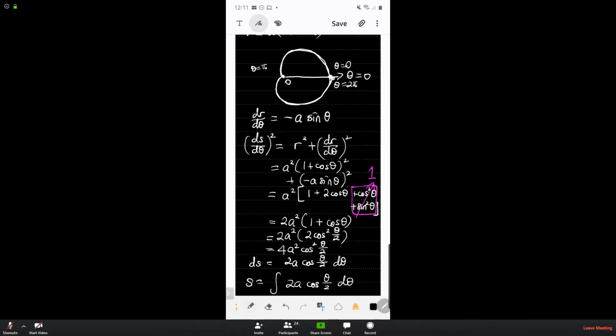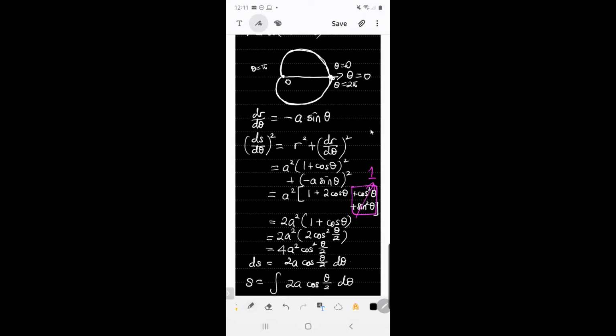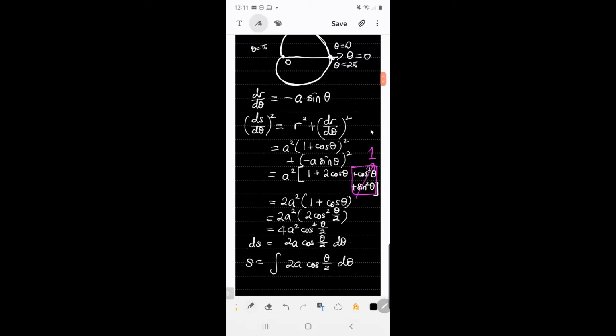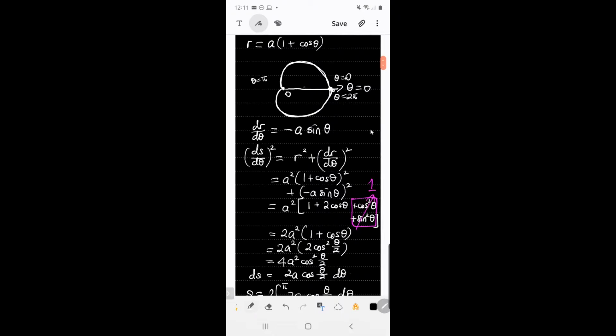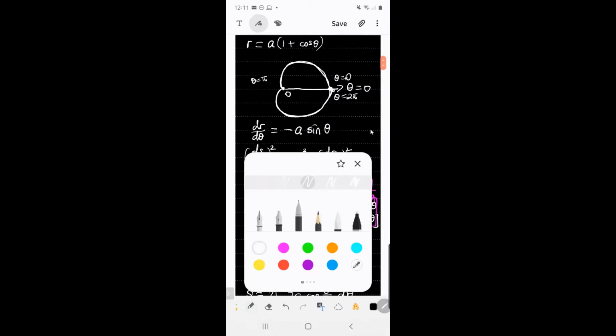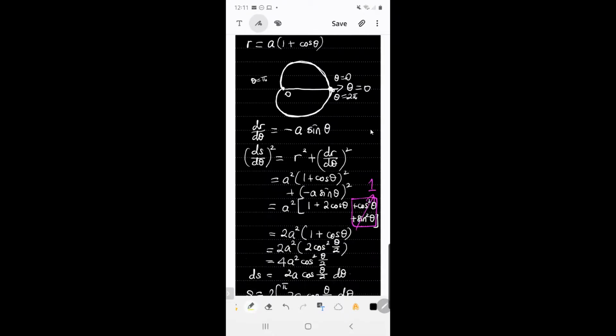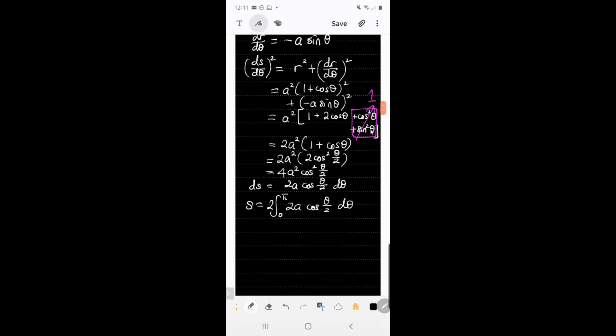To make our life easier, you just need to integrate the whole thing from 0 to π, then the whole thing times 2, because it's reflected. So you can see that the yellow curve and the white curve actually have the same length. That's why you take this one times 2.